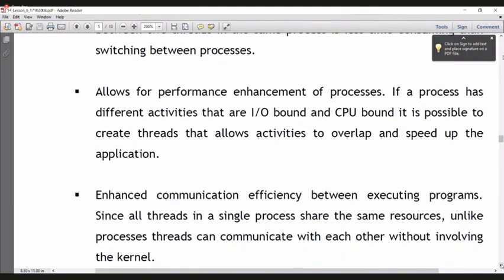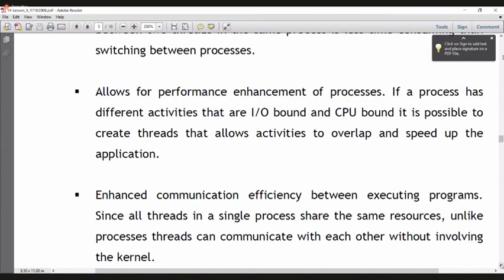Then another advantage is that it allows for performance enhancement for processors. If a process has different activities that are IO bound, like reading from a flash drive, and certain things that are CPU bound, you need processing power for those.